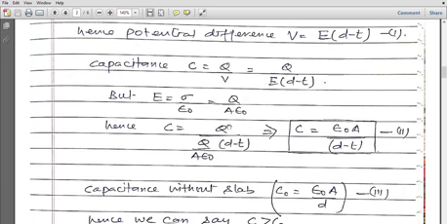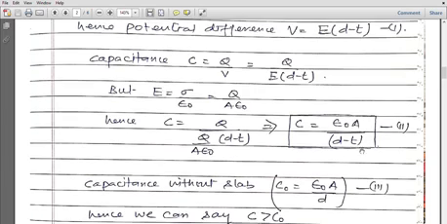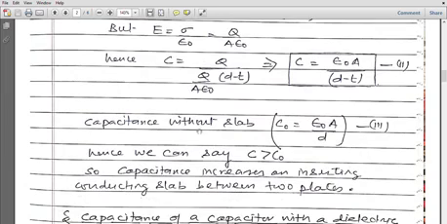So Q and Q cancel. What is left? Epsilon 0 A upon d minus t. Okay. So this is the expression for capacitance if a conducting slab of thickness t is inserted between two plates of a capacitor. Now if there is no dielectric medium, meaning capacitance without the slab, what was the expression in case of vacuum? C0 is epsilon 0 A upon d.